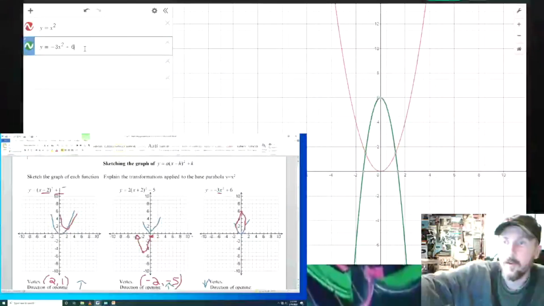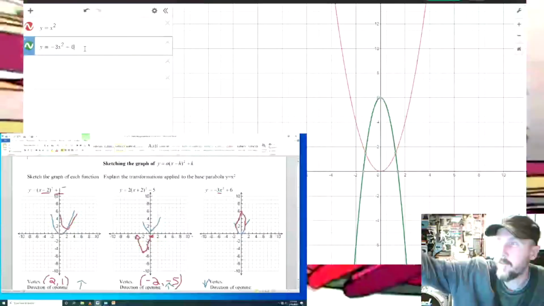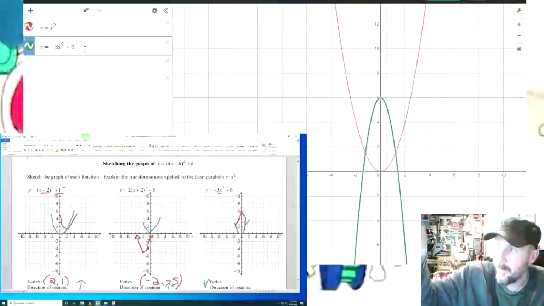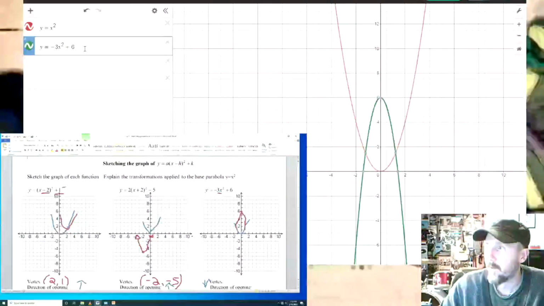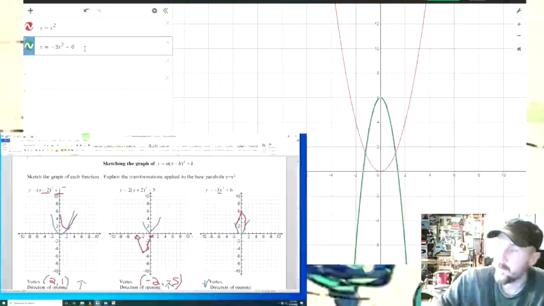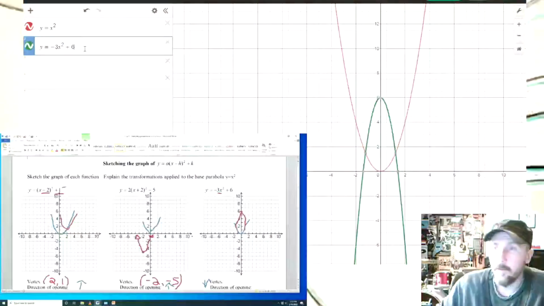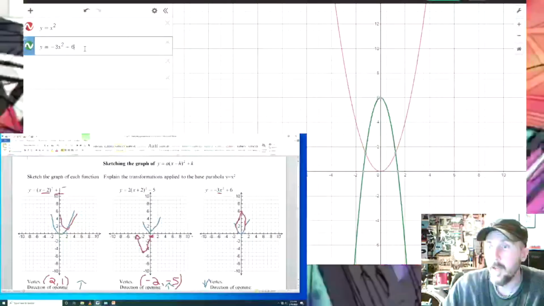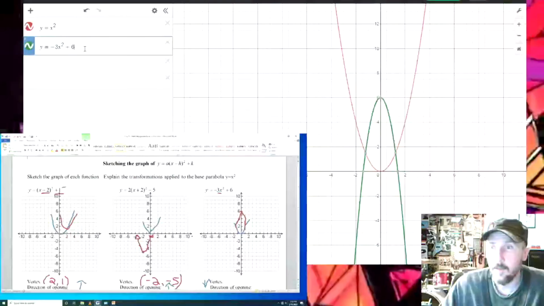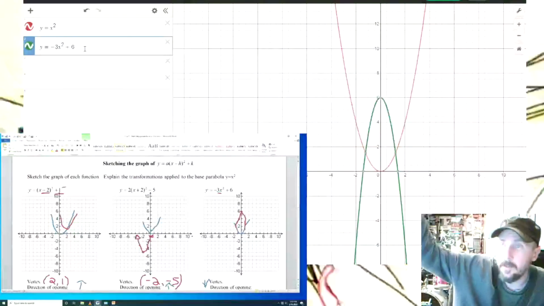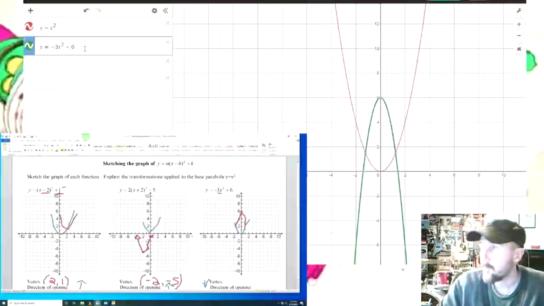There we go. We took our y equals x squared, moved it up 6, flipped it upside down, and made it skinnier by a factor of 3, which is what I was trying to draw there. Again, vertex for this one would be x is at 0, y is up at 6, so 0, 6.